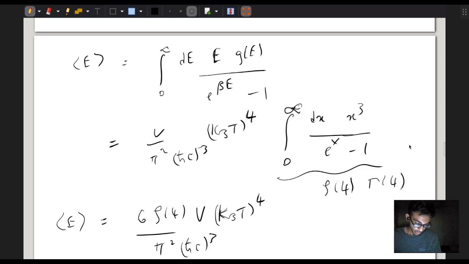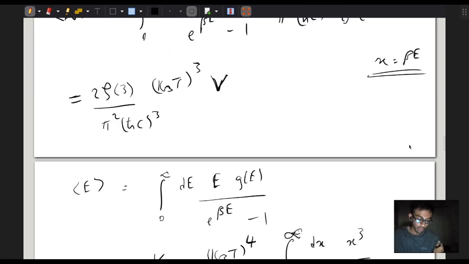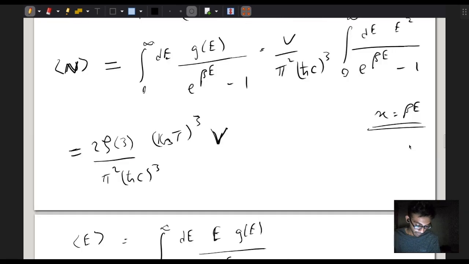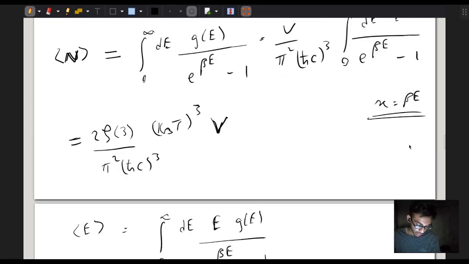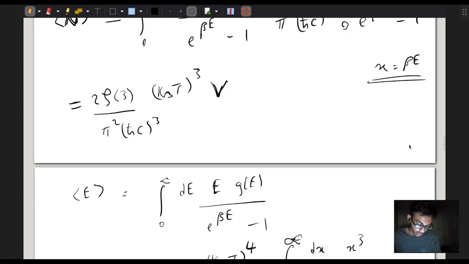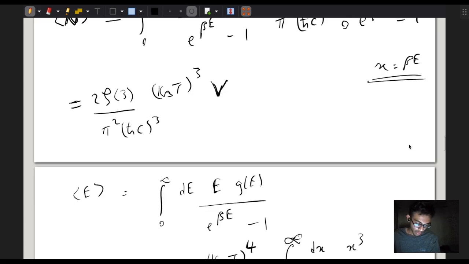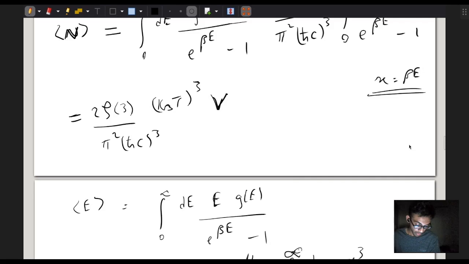Yeah, so both of these go as T cubed, so we are going to get a constant here in this case. So that's 2 rho of 3.